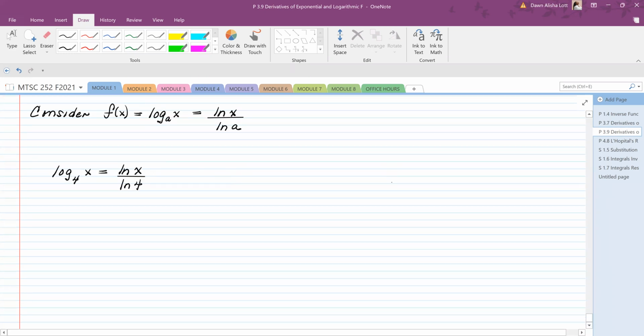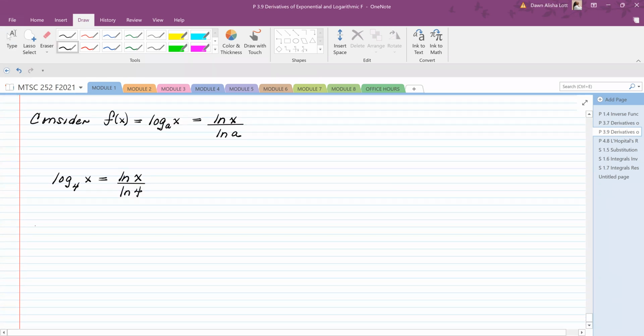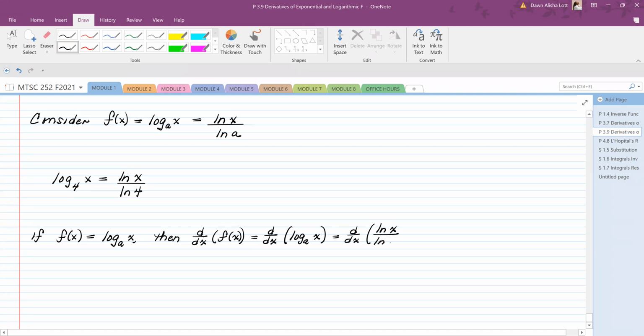So how do you take the derivative of it? If f of x is equal to the log base a of x, then the derivative with respect to x of f of x is the derivative of the natural log of x divided by the natural log of a.